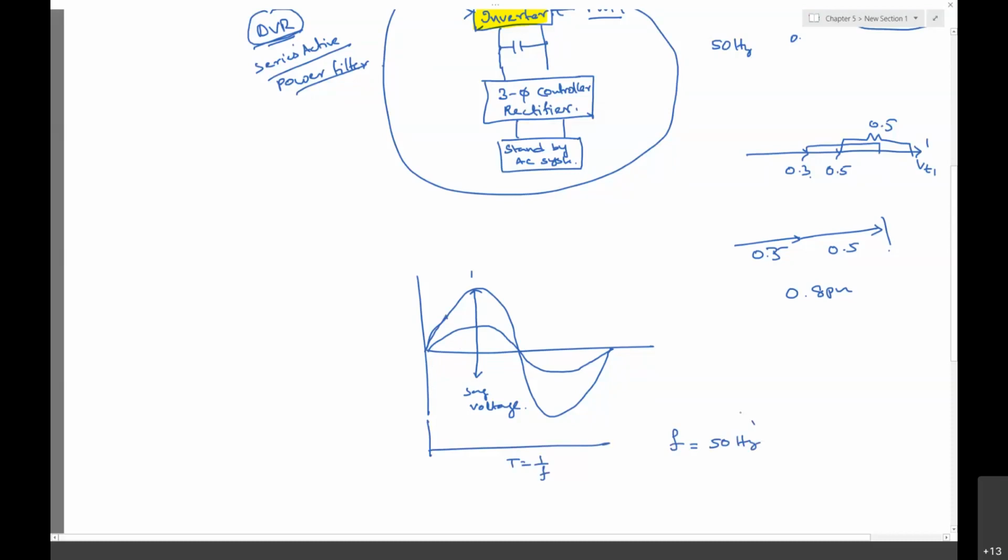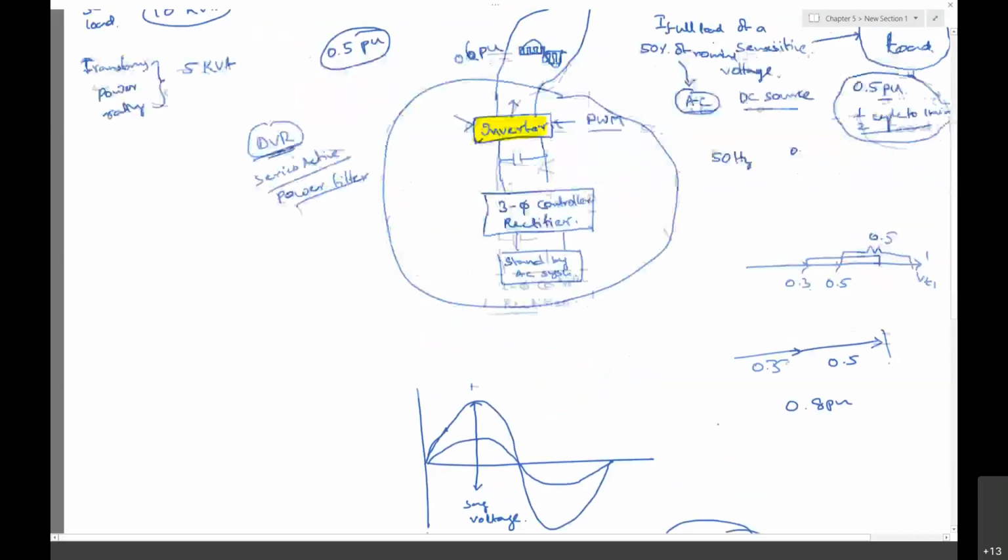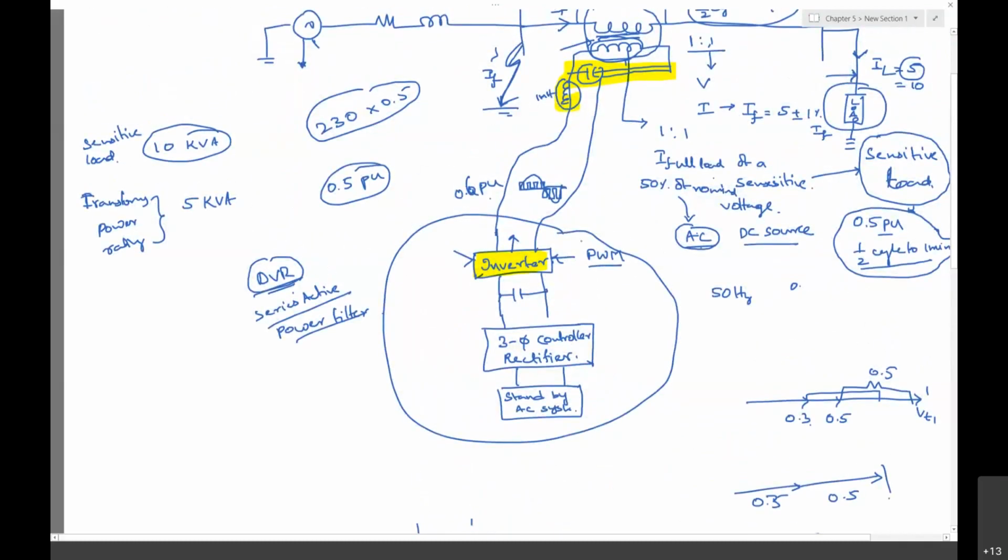Whatever the switching frequency components are when you use PWM techniques, to eliminate them we can use this LC filter, which has to pass the fundamental frequency component, and the other switching frequency components have to be suppressed.